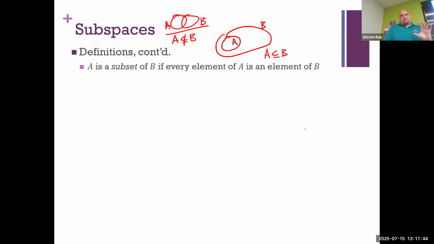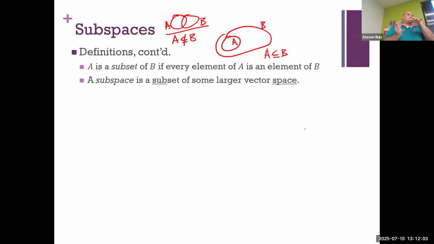Okay, if we're good on those two things, then what's a subspace? It is a combination of vector space and a subset. So basically a subspace is a thing that's a vector space on its own, but it's also a subset of some other larger vector space.